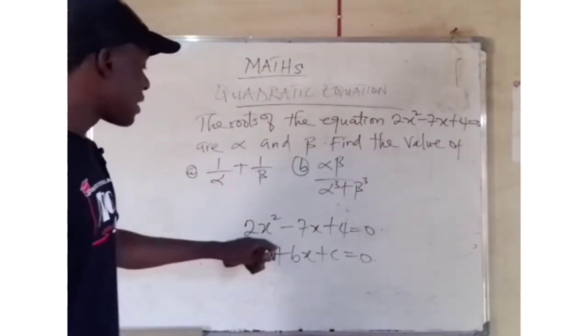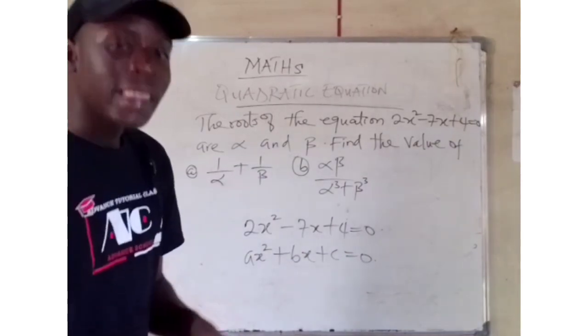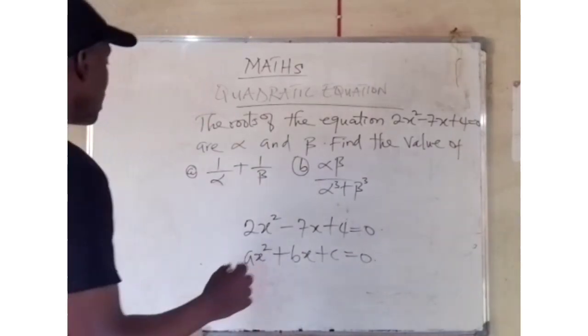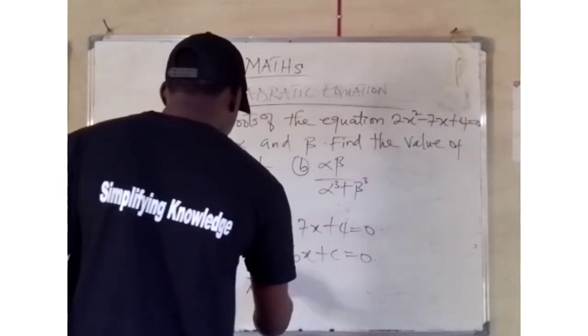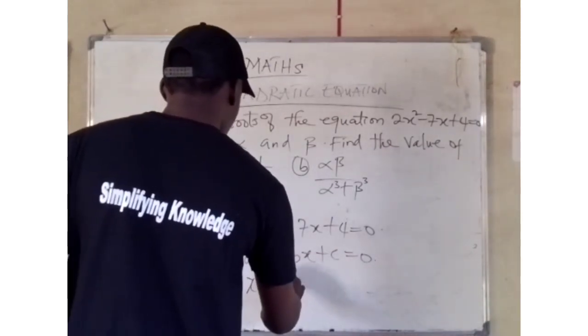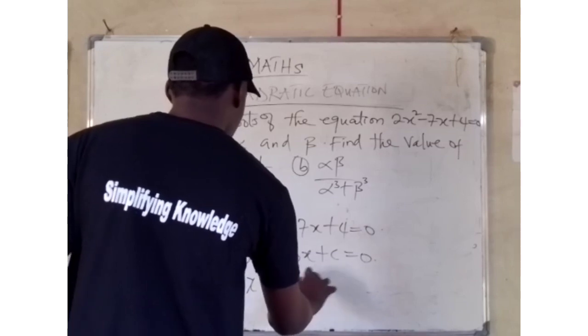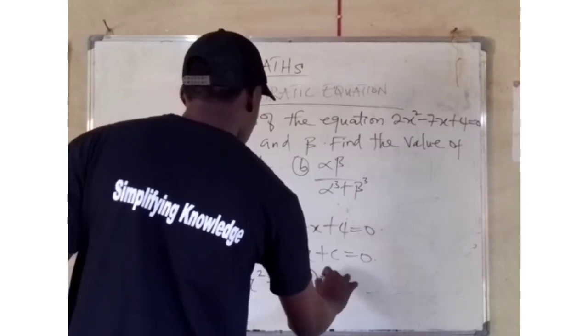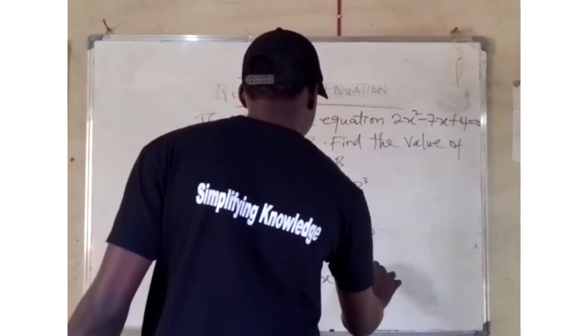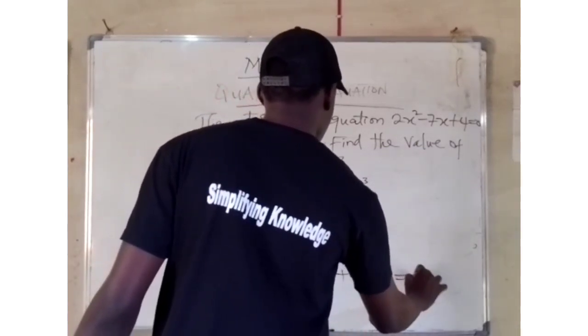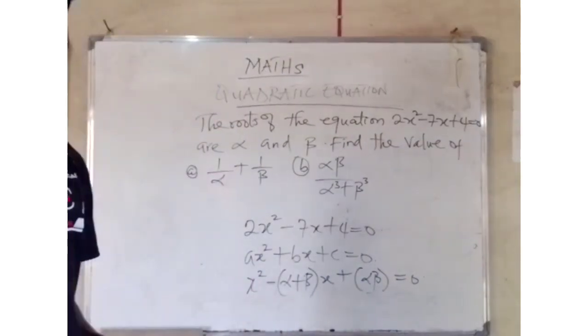And also we're going to relate this to the alpha beta form of a quadratic equation, which says x squared minus (alpha plus beta)x plus alpha beta equals 0. So I did two things here.